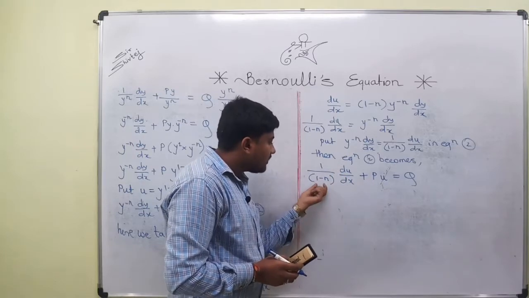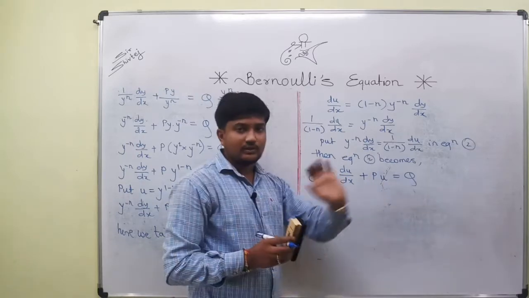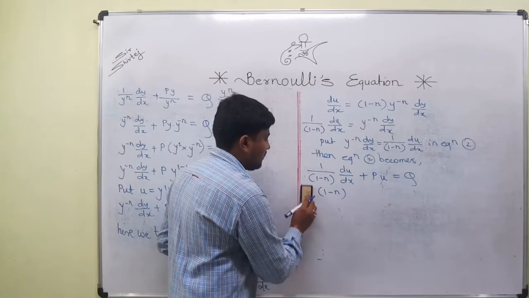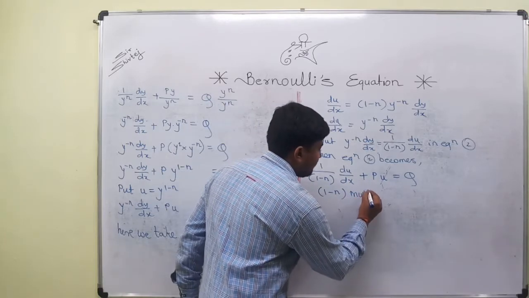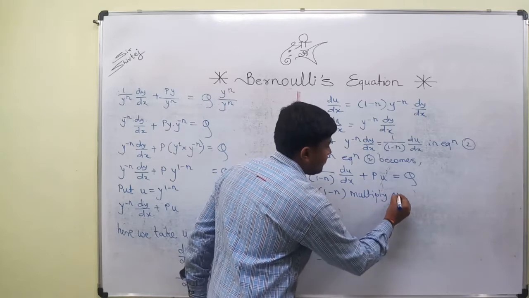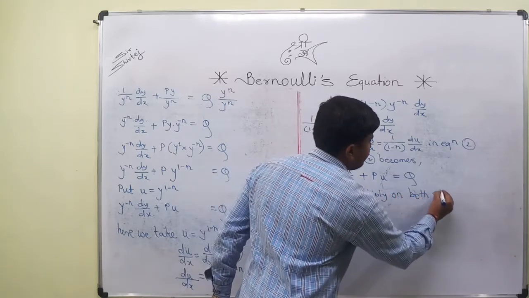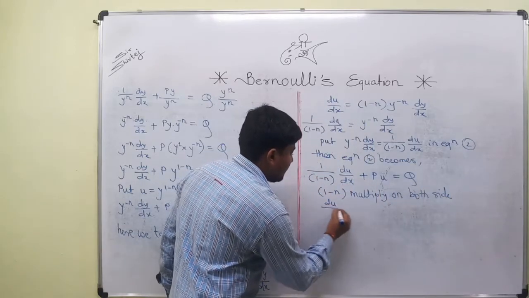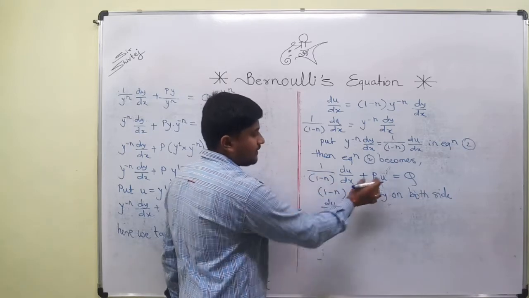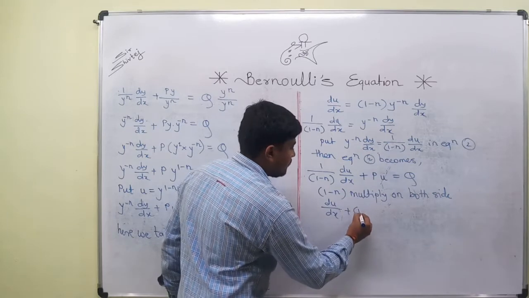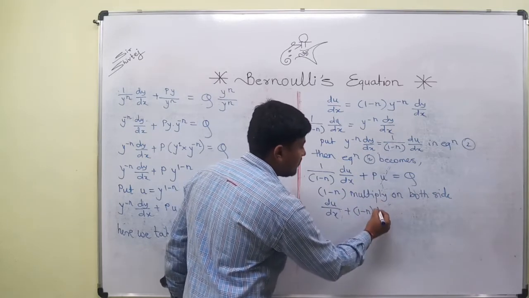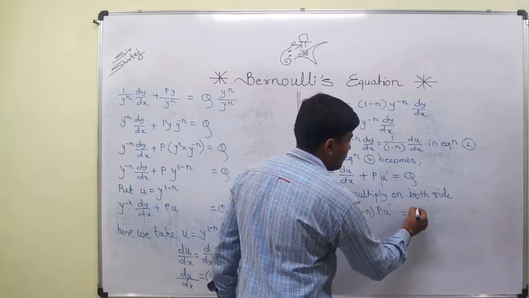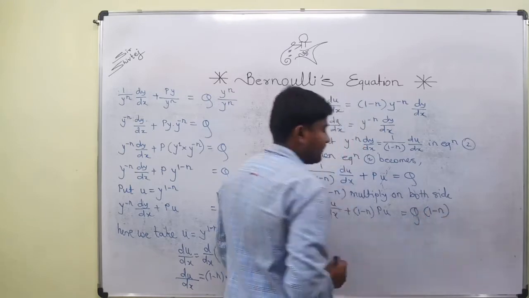For making the coefficient 1, 1 minus n will be multiplied on both sides, then du by dx as it is, the 1 minus n factors cancel, plus 1 minus n into pu is equal to q into 1 minus n, okay.